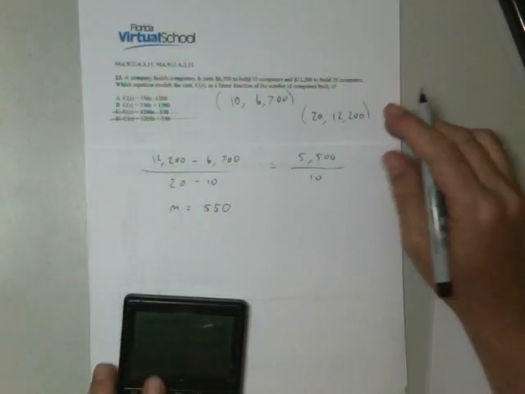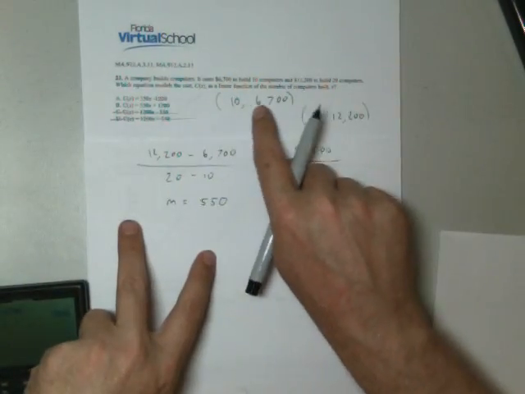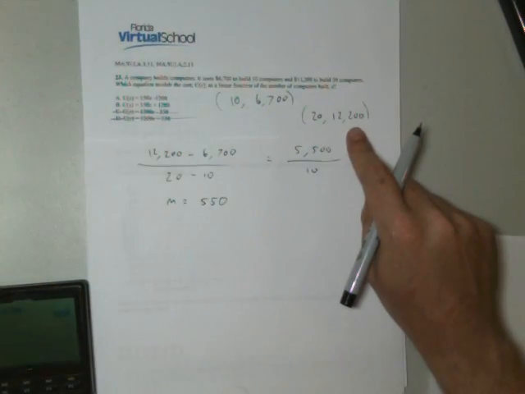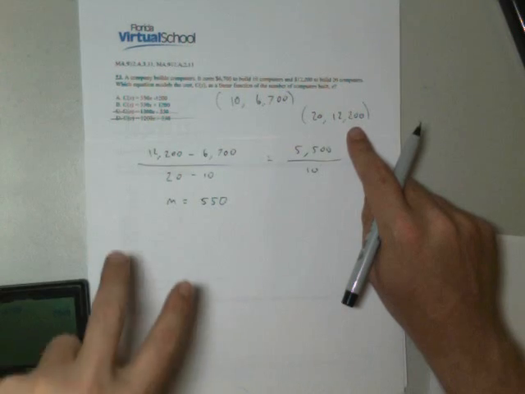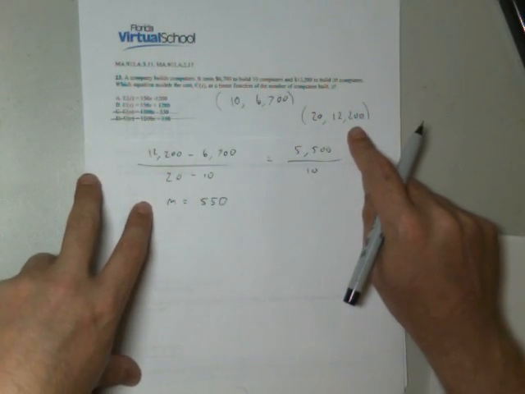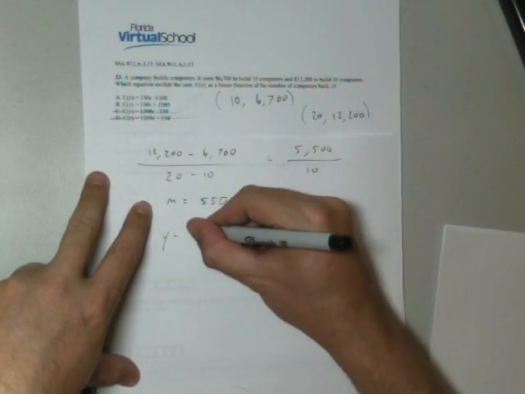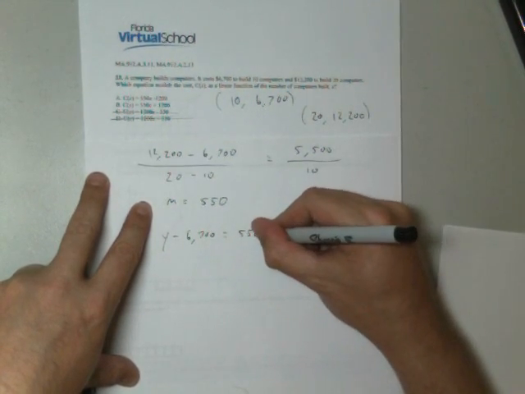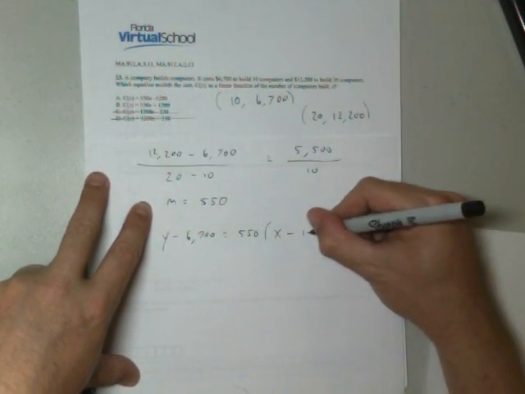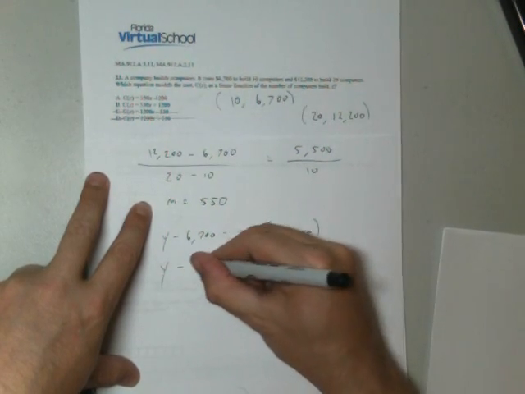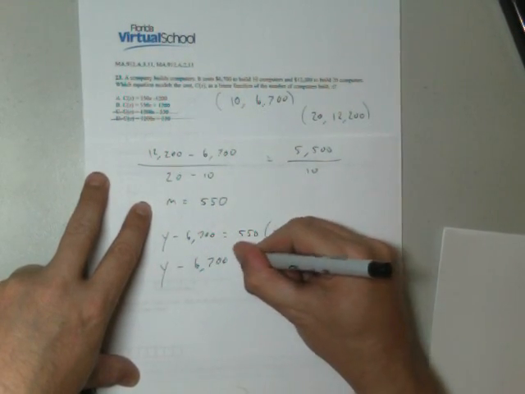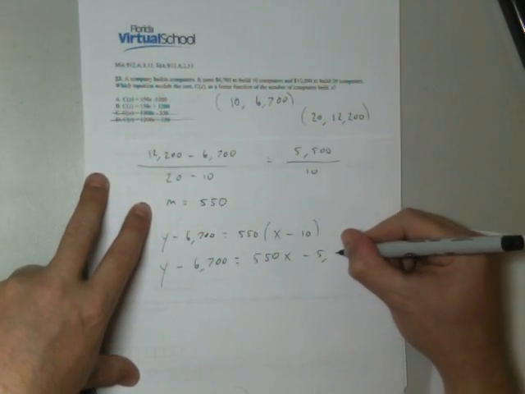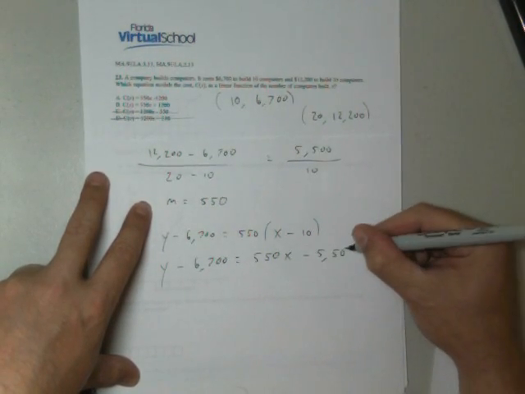Now I'm going to use the point (10, 6,700). I could have just as easily used the other one, but when I have two, I'll choose the one with smaller numbers. y minus 6,700 equals 550 times (x minus 10). y minus 6,700 equals 550x minus 5,500.